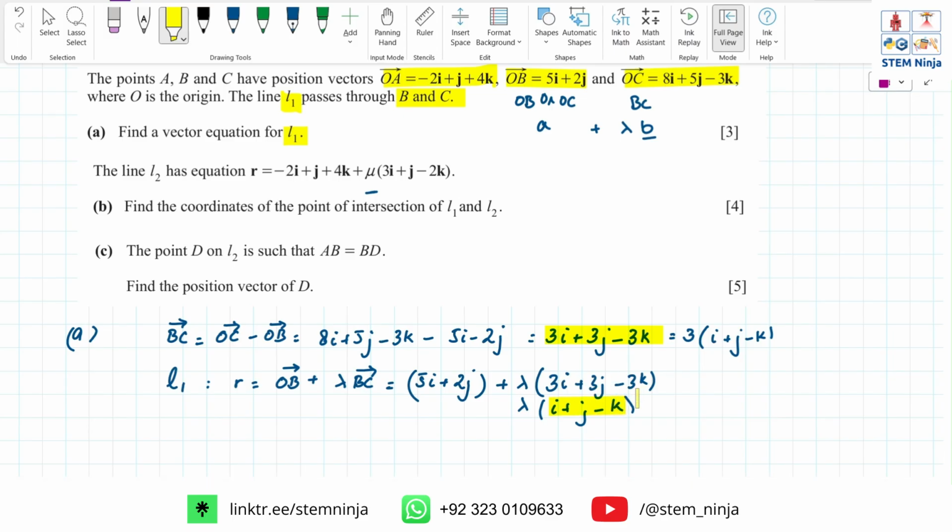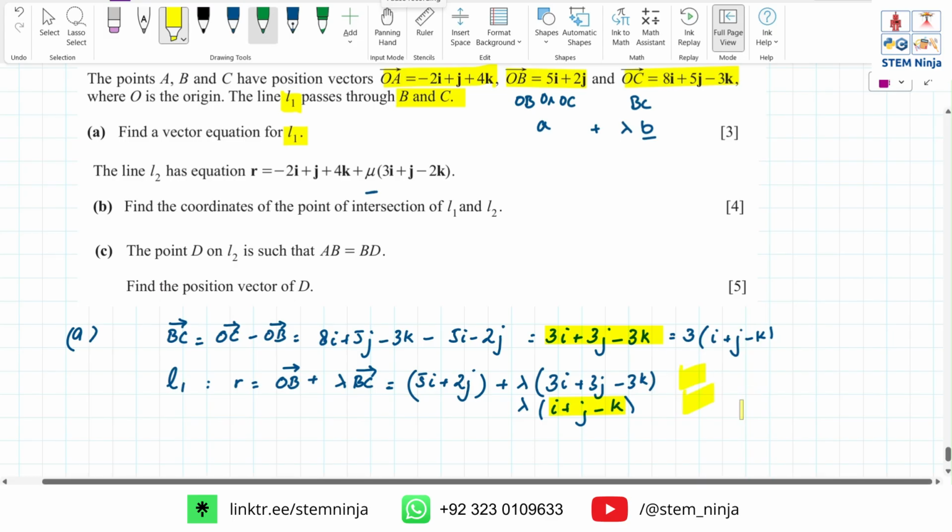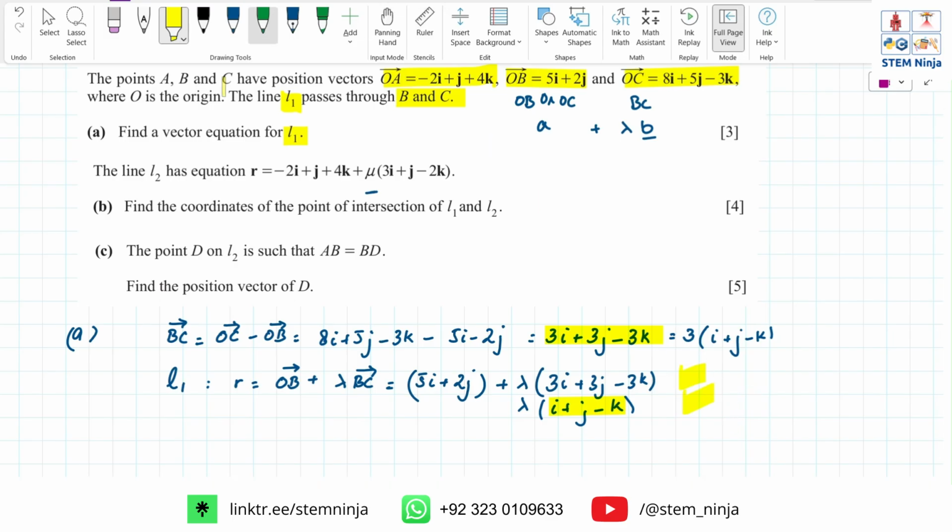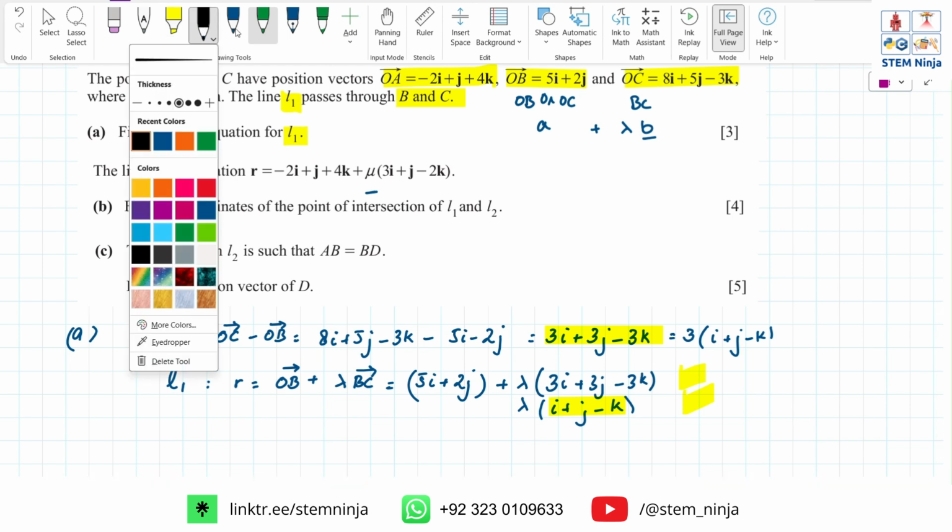3i plus 3j minus 3k is just a vector parallel to the direction vector. So if you further reduce it down, i plus j minus k can be our direction vector also. So both of these would be correct. Okay.